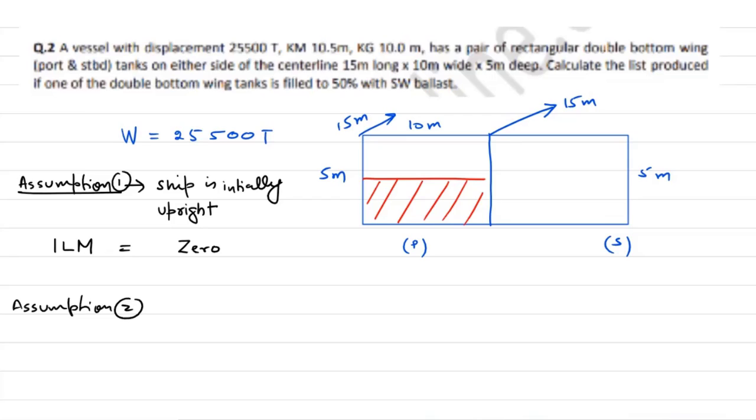So I'm saying, let's assume that port tank is ballasted. You can solve it with the starboard tank also, it doesn't make a difference. We need to specify that we are ballasting the port tank, because the question says if one of the bottom tanks. So we assume that this is the port tank.